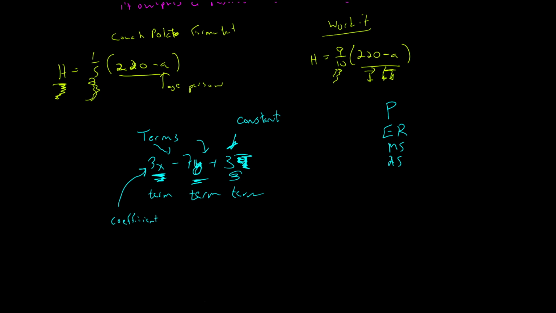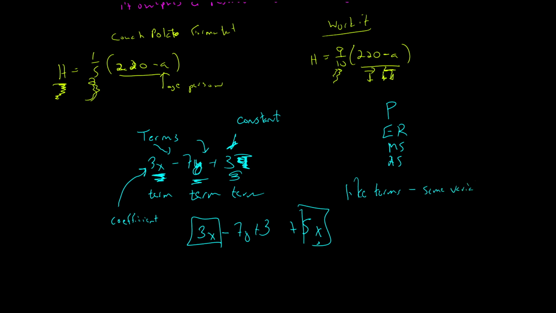And so one of the things we can do is we can look for things called like terms. So if I have 3x minus 7y plus 3 plus 5x, these terms are called like terms because they have the same variable to the same power.